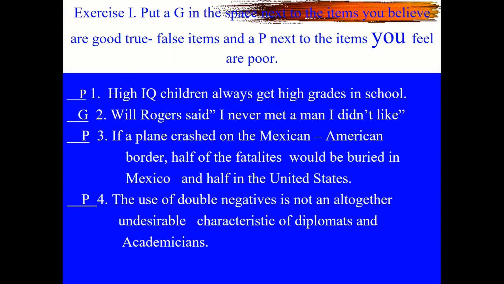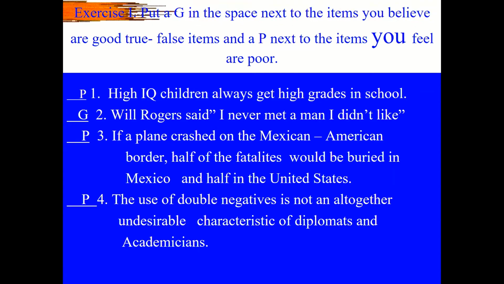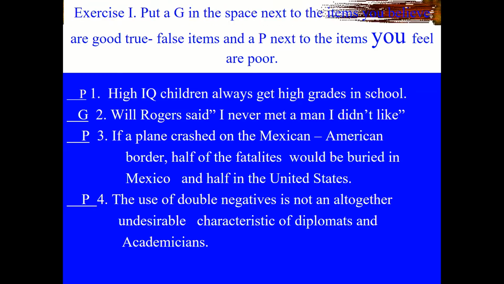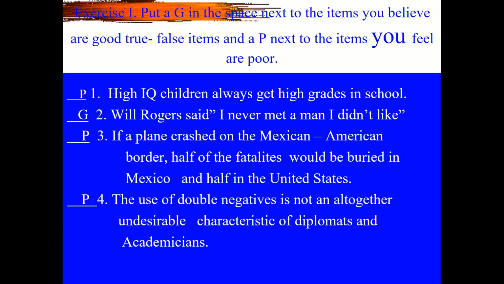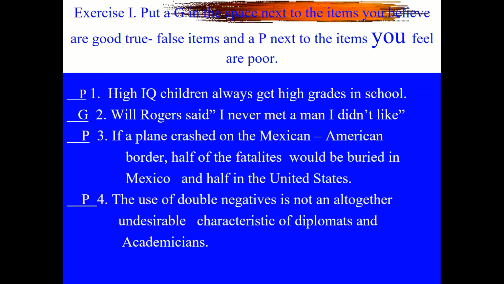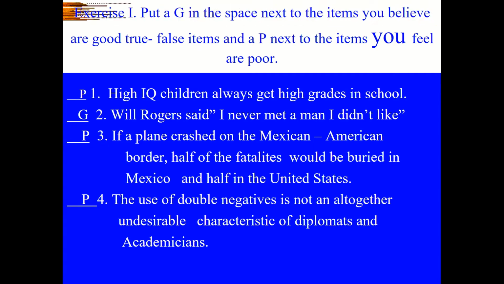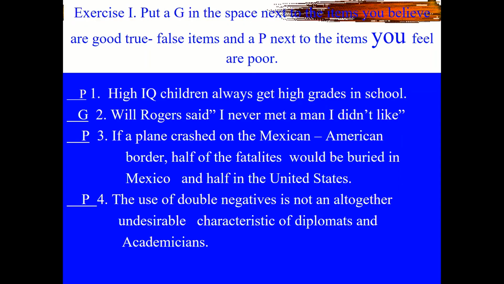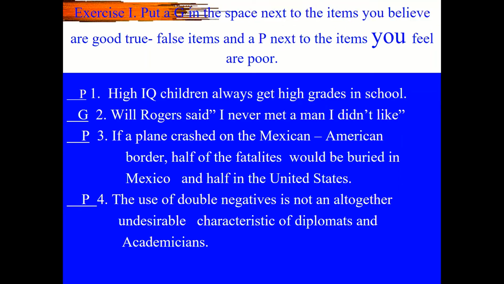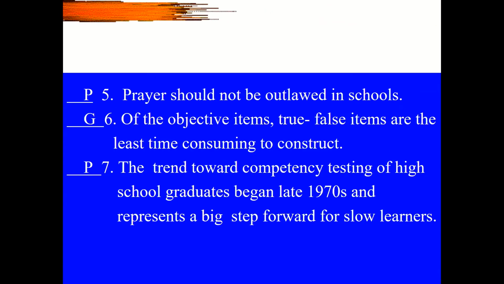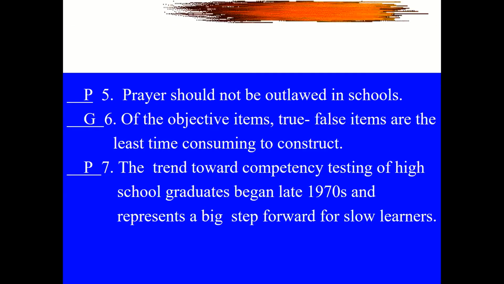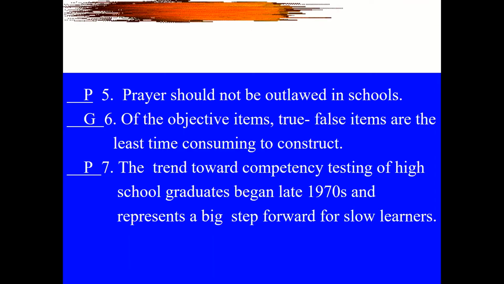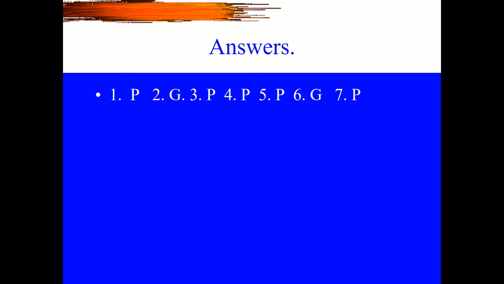Items 1, 3, and 4 are poor items. Item 2 is a good item here. Then 5 and 7 are poor. 6 is a good true or false test item.